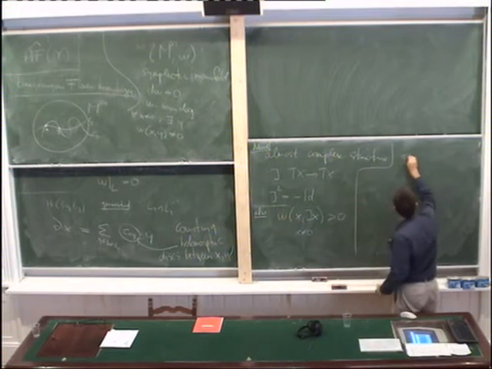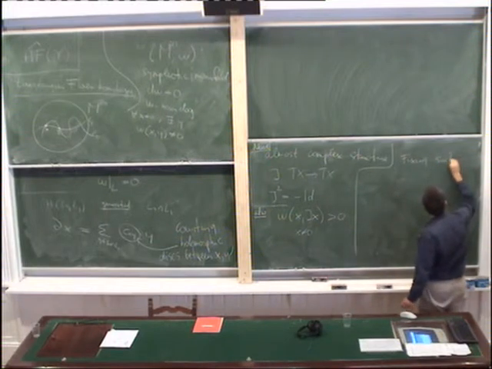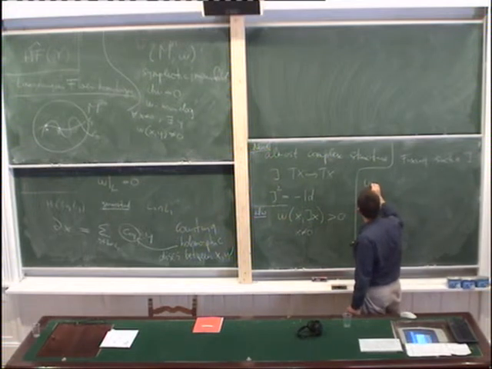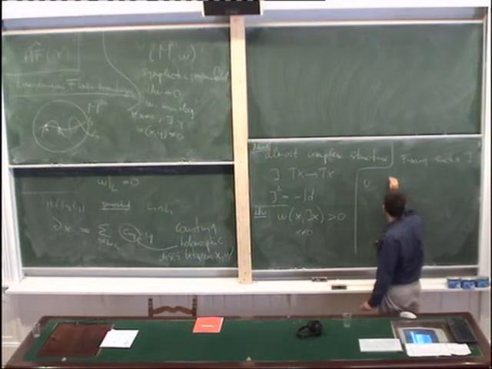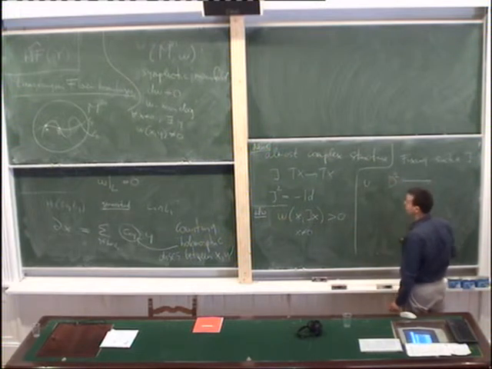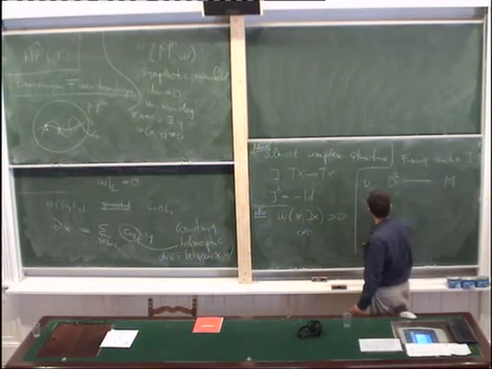So fixing such a J, we can say that a map u from the disk to the manifold is J-holomorphic.